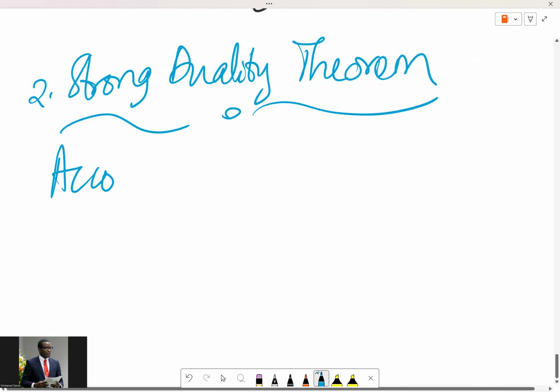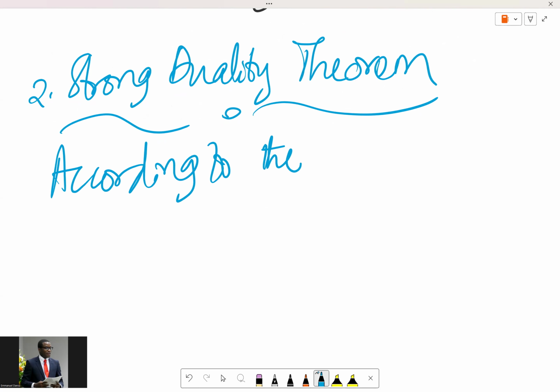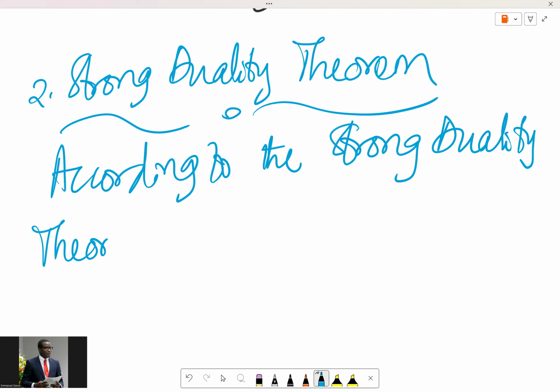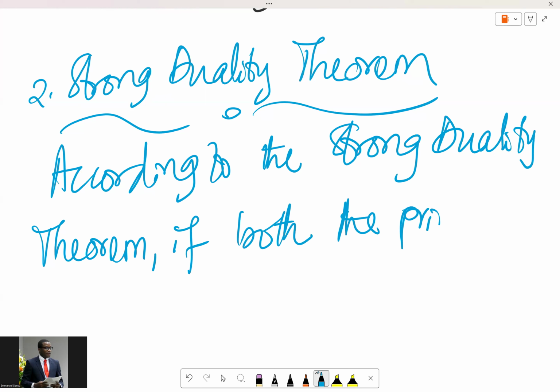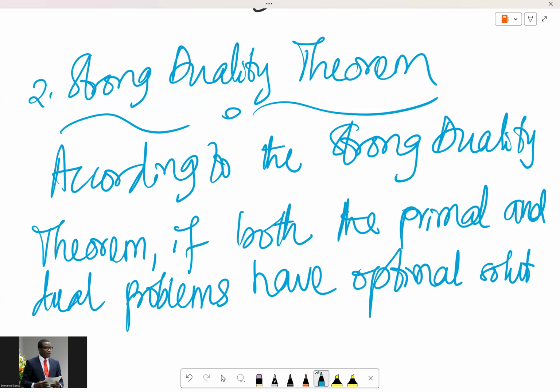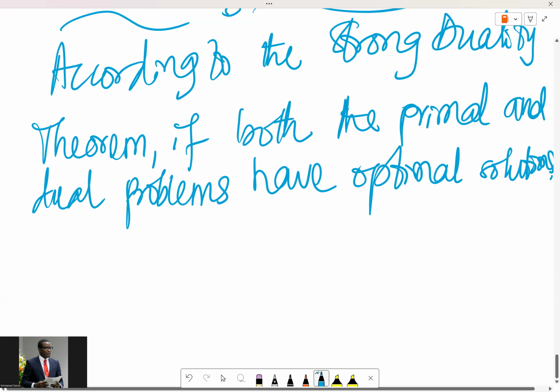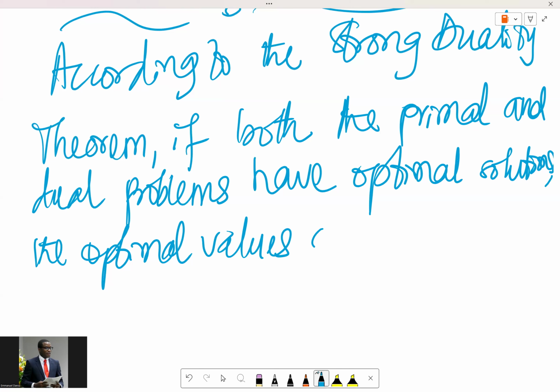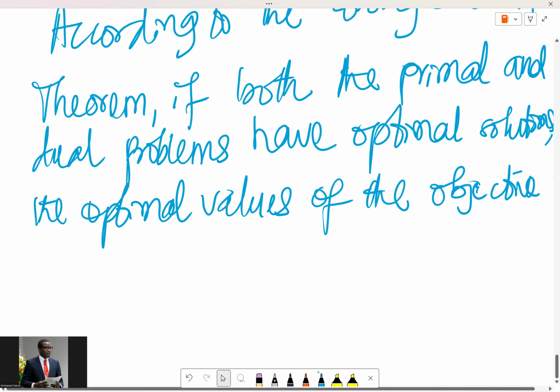Now, according to the strong duality theorem, if both the primal and dual problems have optimal solutions, the optimal values of the objective functions of the primal and dual problems will be equal.